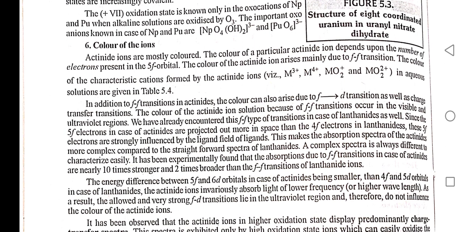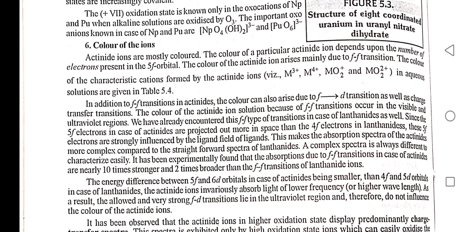In addition to f-f transitions in actinides, the colors can also arise due to f-d transition as well as charge transfer transition. The color of the actinide ion solution because of f-f transition occurs in the visible and ultraviolet region. We have already encountered this f-f type of transition in the case of lanthanides as well.